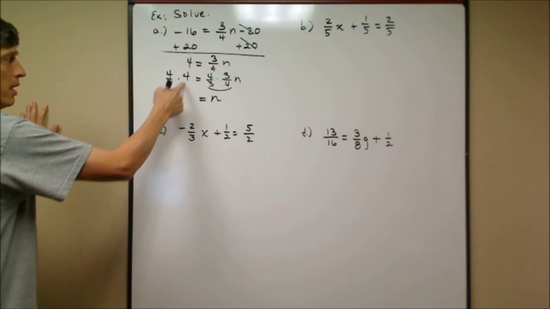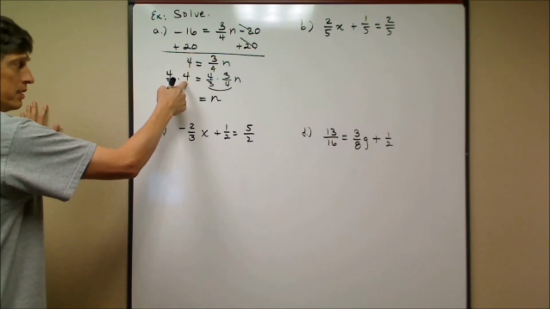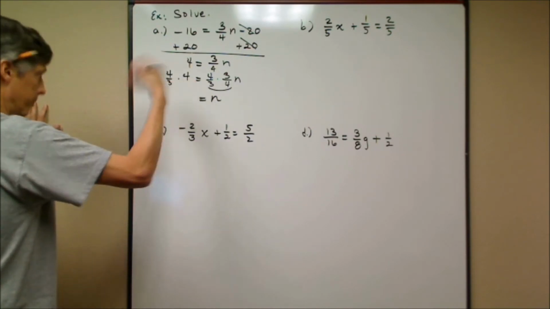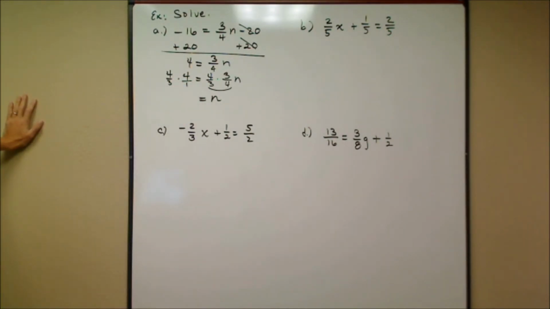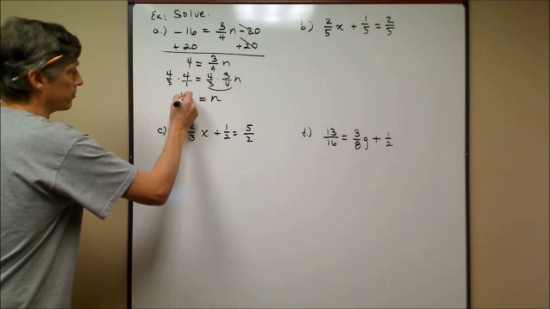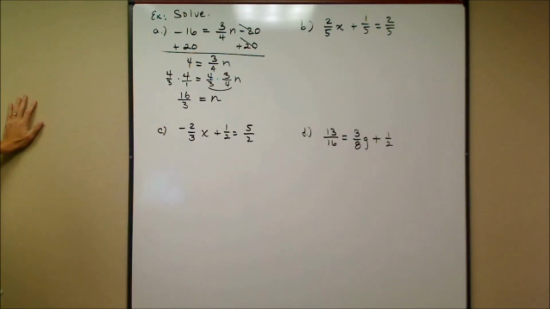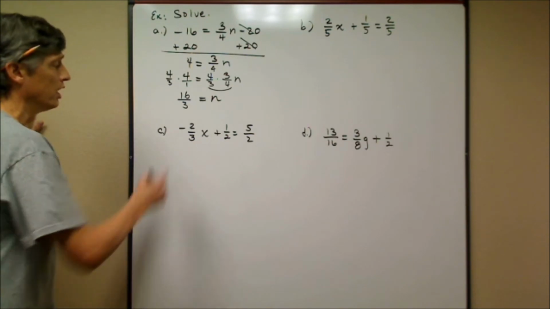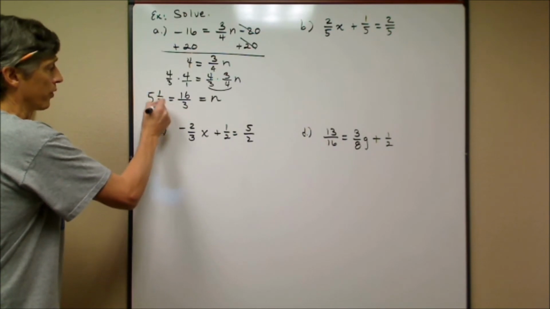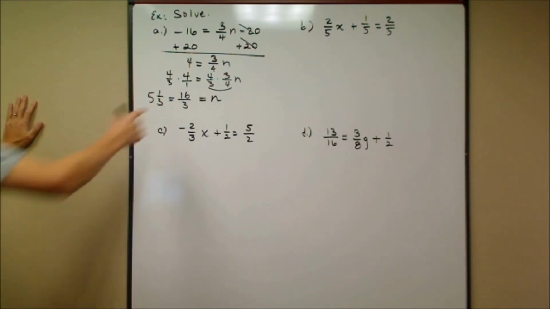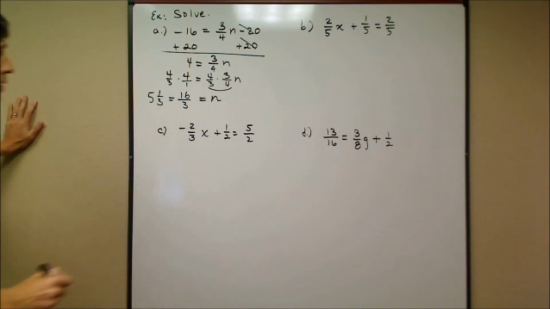And on this side, because the 4 is in integer form, I'm going to write it as a rational number, as a fraction, by putting it over 1. And I get 16 all over 3. 16 all over 3 is not the world's worst way to leave your answer, but it is an improper fraction. So just remember that this is the same as 5 1/3. 3 goes in 16 5 times with 1 left over.